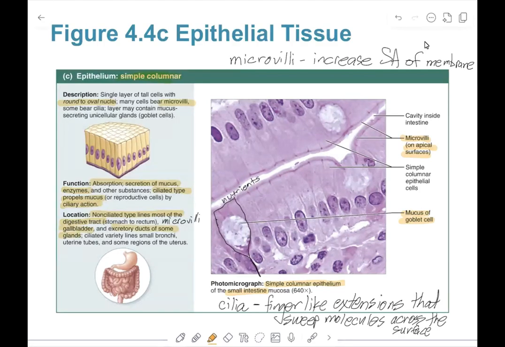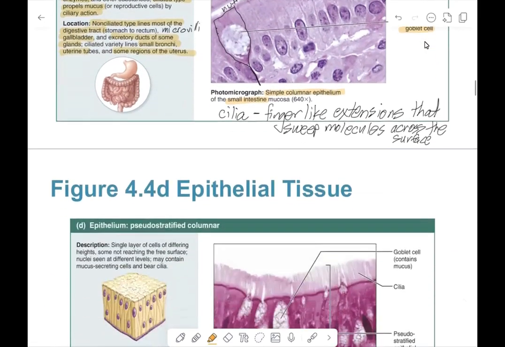And then the ciliated type is what you saw in the trachea. It also lines the small bronchi, which are the tubes that branch off of the trachea, the uterine tubes, and also some regions of the uterus.